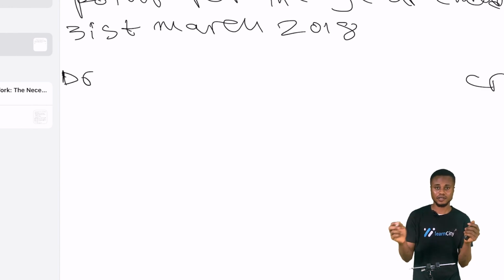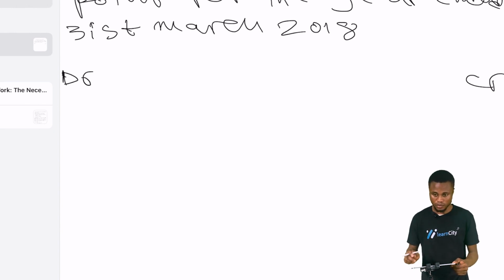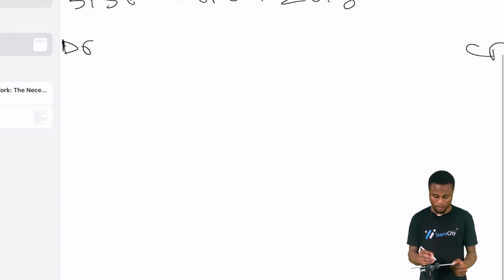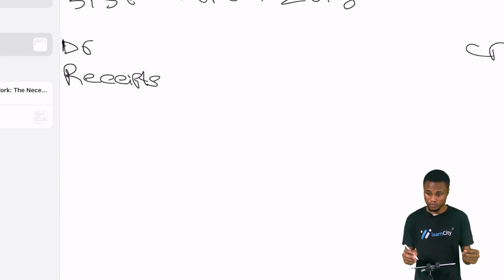After writing your debit and credit side, don't forget your amount. On the debit side, the receipt. Then you come to the credit side, you write your payments.